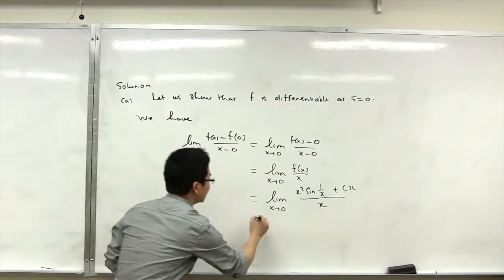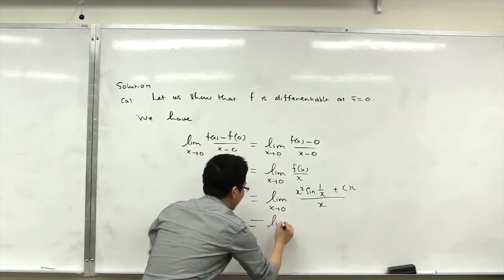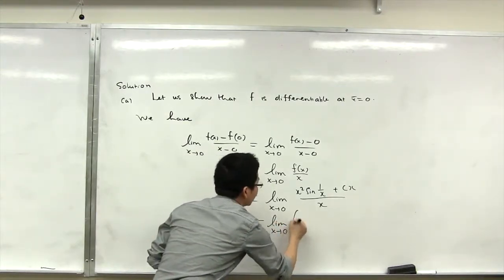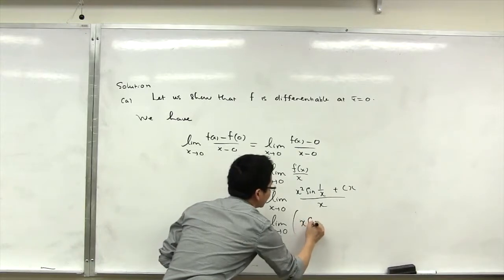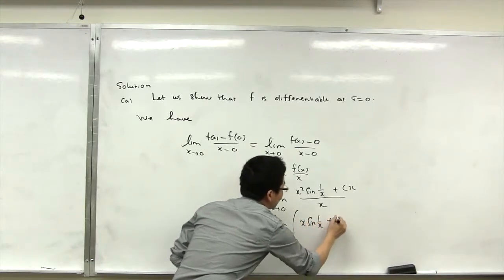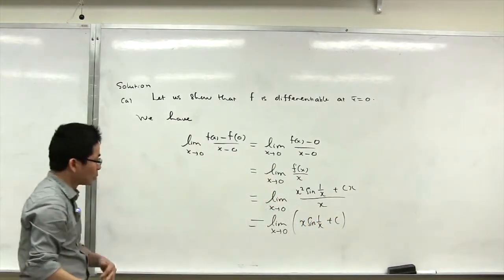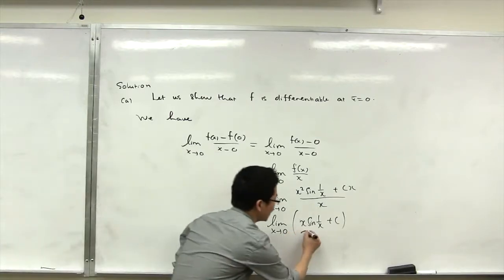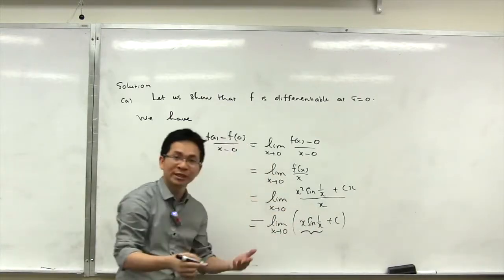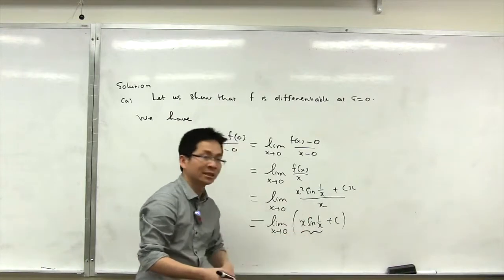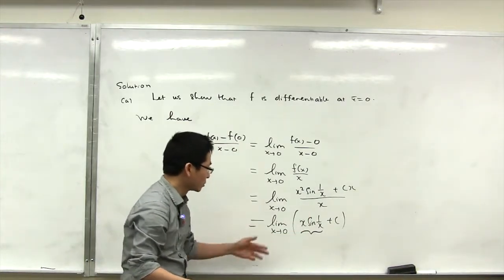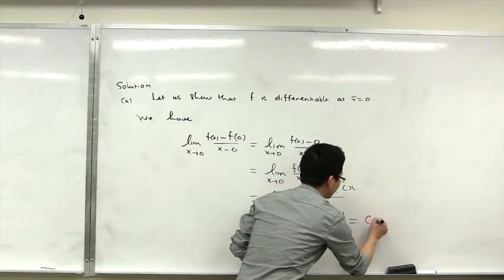Okay. This is equal to the limit as x approaches 0 of x times sine 1 over x plus c. Okay. When x approaches 0, we can easily prove by the squeeze theorem that this limit is 0. So by the sum rule, the given limit is equal to c.